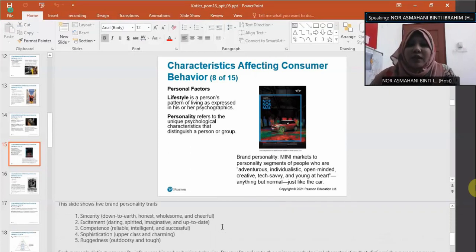Some brands show excitement, some brands show sophistication, excitement, right? Gucci kan ada some of bags, their bags they focus on sophistication, class and charming, right? Some products they have a personality which is a show ruggedness and tough, right? Not a feminine kind of products.